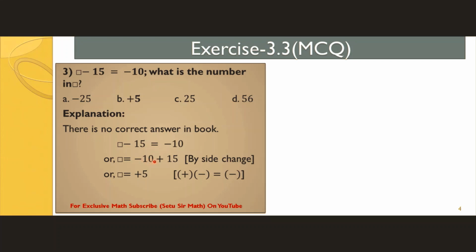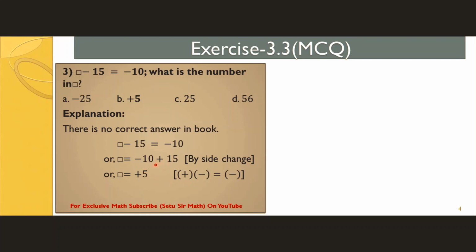So minus 10 and minus 15 would be plus 15, and we know plus and minus, minus and plus, would be minus. So from 15 we have to subtract 10. These are the things, plus and minus equals to minus.